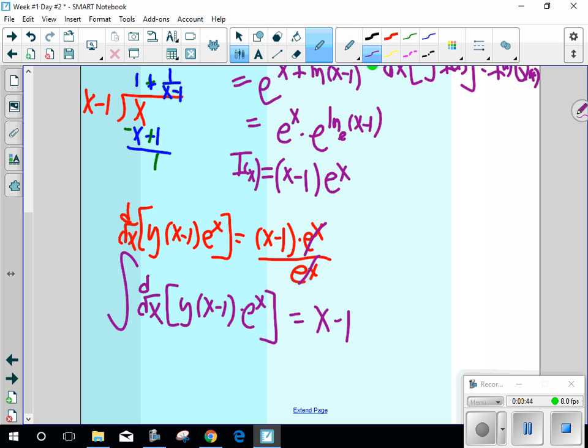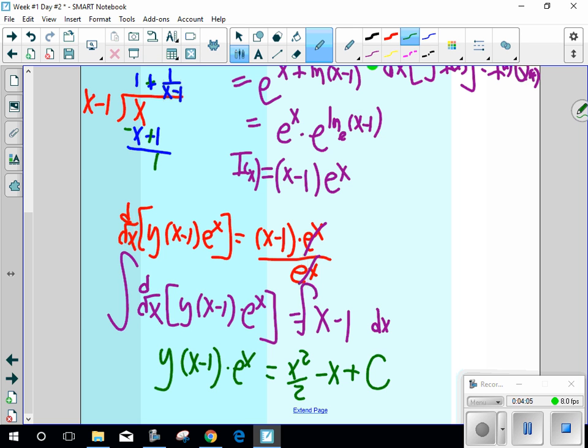Integrate both sides. You're going to get y times x minus 1 e to the x equals what? What will that be equal to? x squared over 2 minus x plus c.